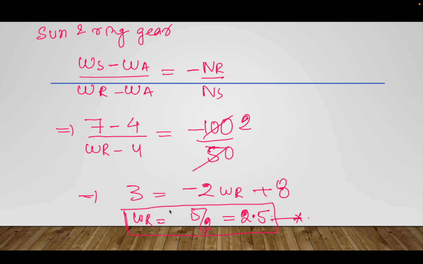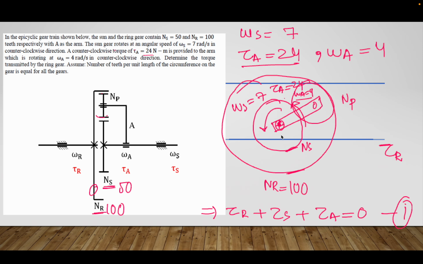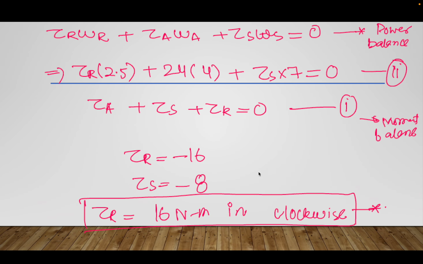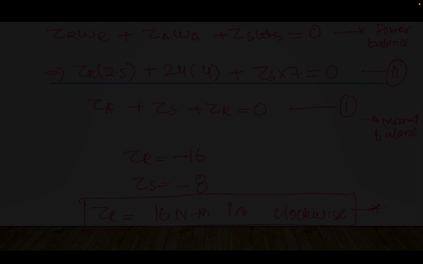So we find the value of omega r. Now that we have omega r, we can write the power balance equation as tau r omega r plus tau a omega a plus tau s omega s is equal to 0.